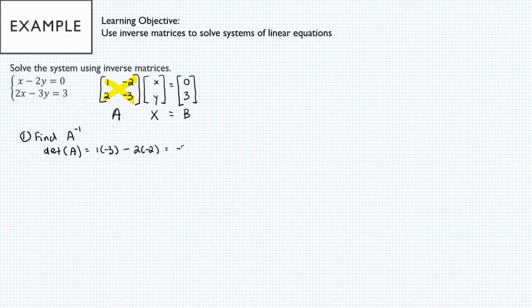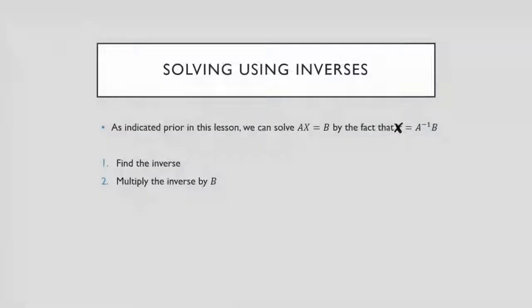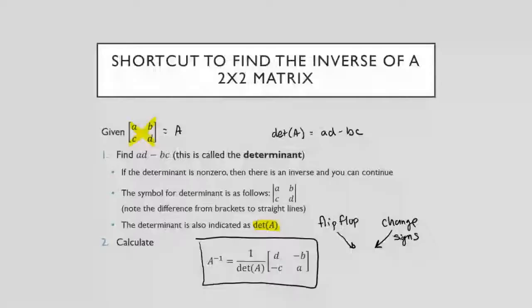So that gives me -3 plus 4, which is equal to 1. If the determinant is 1, then going back to that formula, 1 over 1 is just 1. So I don't have to do any multiplication. I just have to do the flip-flop and change signs part. That's why I'm doing this one that way, because the determinant came out as 1, so it's really simple.